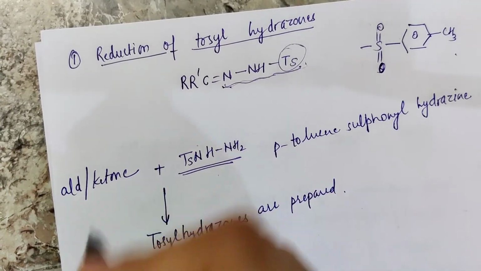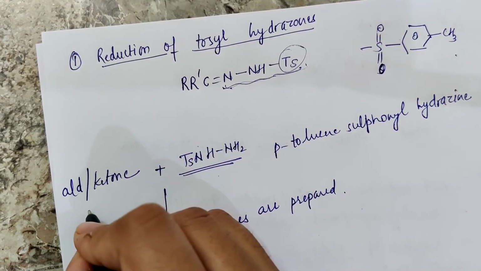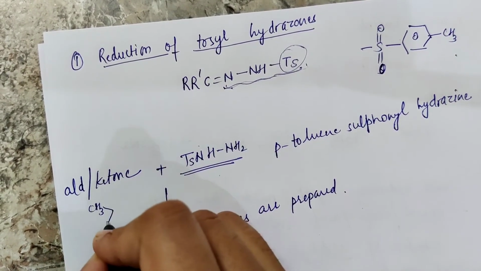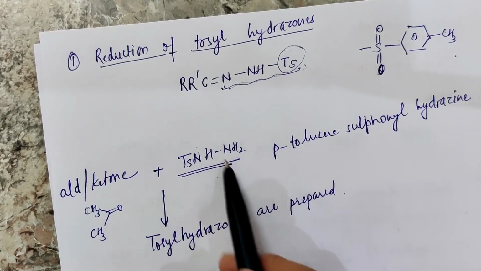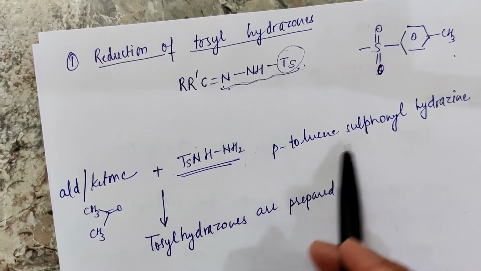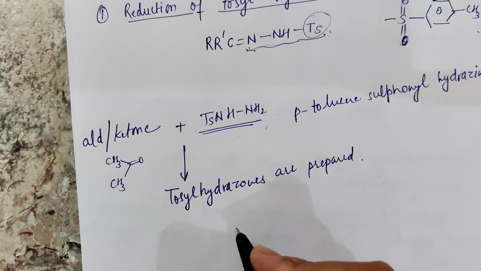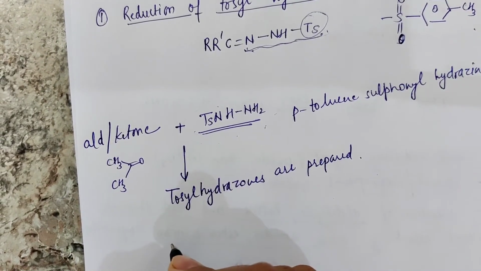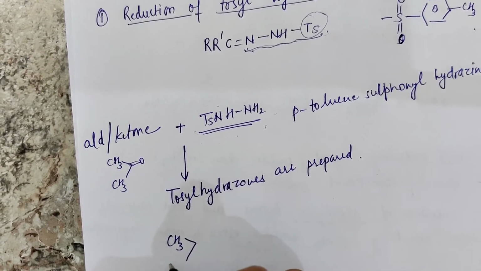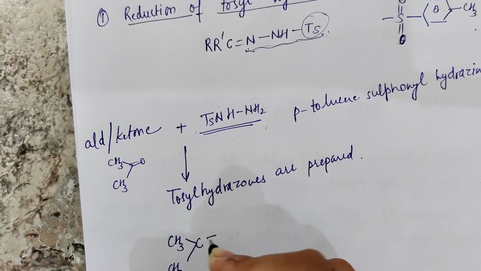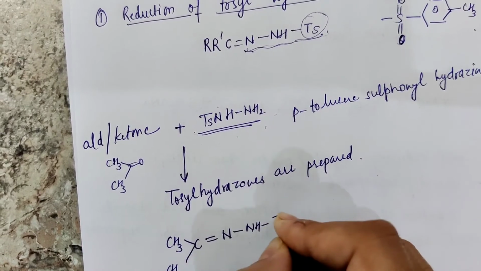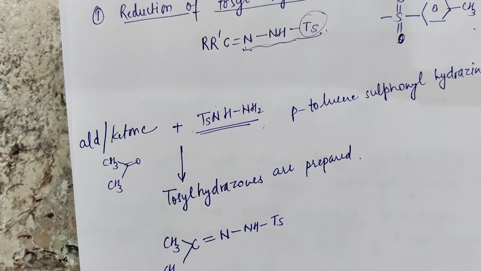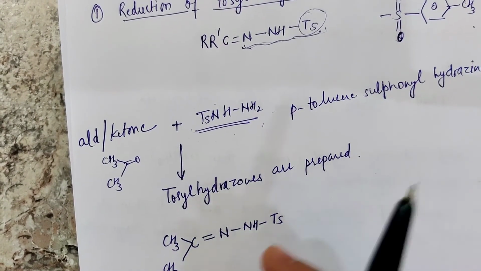For example, if you have acetone and that reacts with this para-toluene sulfonyl hydrazine, then the tosyl hydrazone which is obtained will be CH3, C double bond N, NH and tosyl. So this will be the tosyl hydrazone prepared.